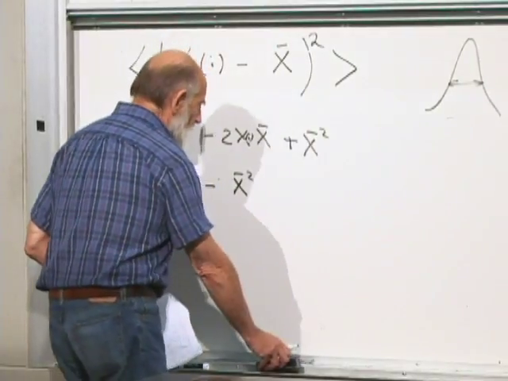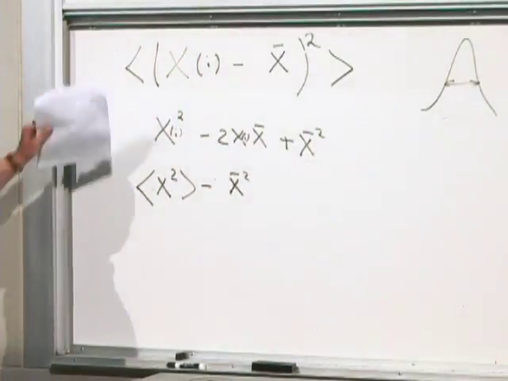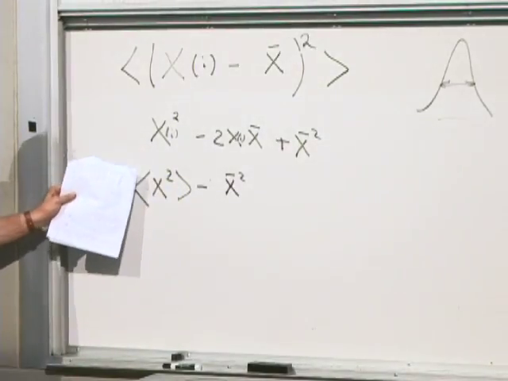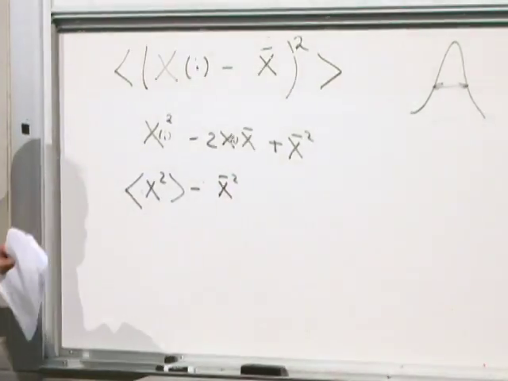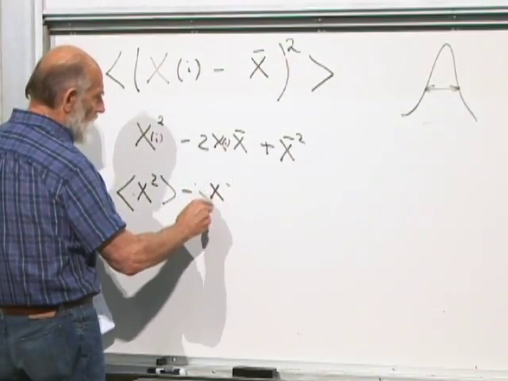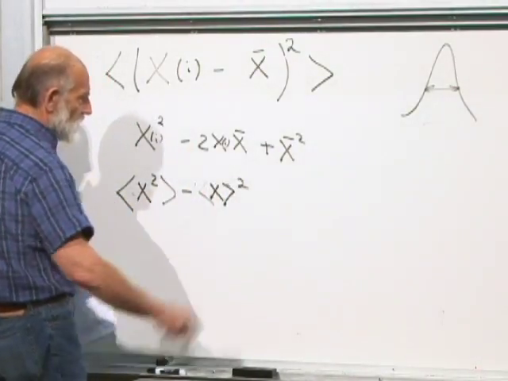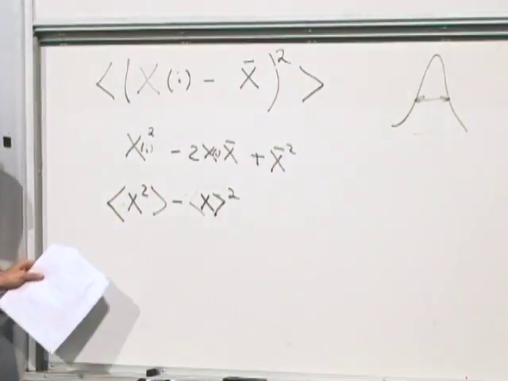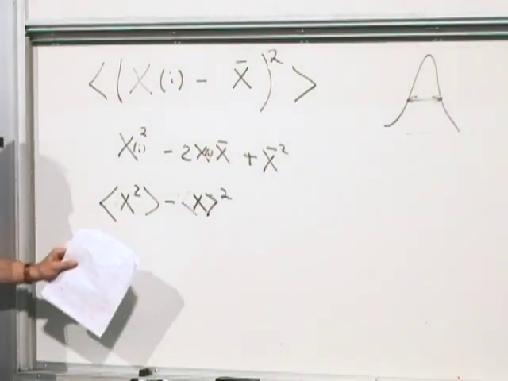All right, so this is a standard statistical fact that the variance in a variable is the difference between the average of the square and the square of the average. If I want to write it in a single notation, I will write it this way: the difference of the average of the square and the square of the average.